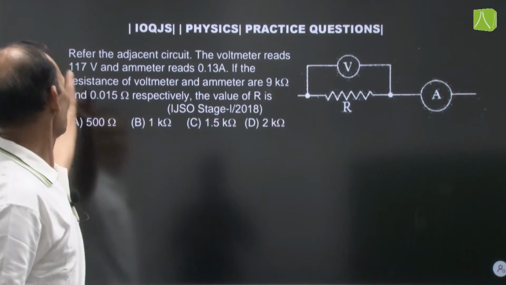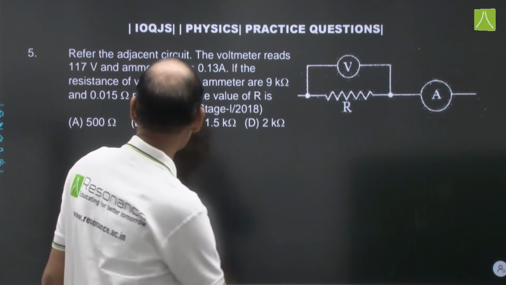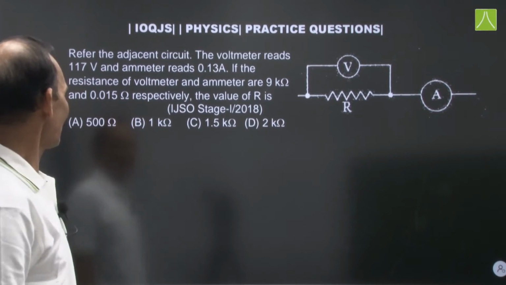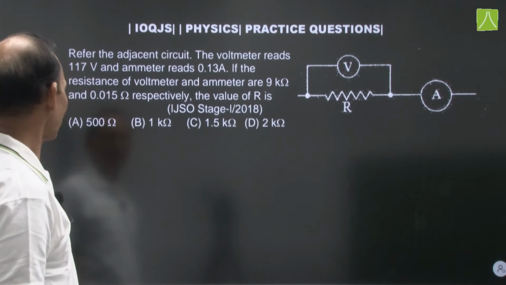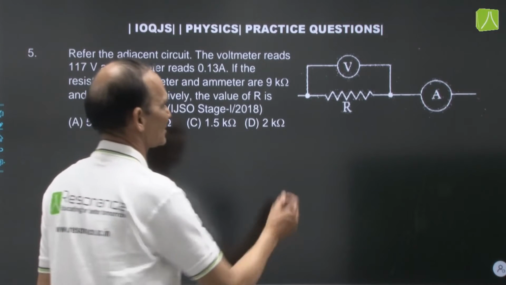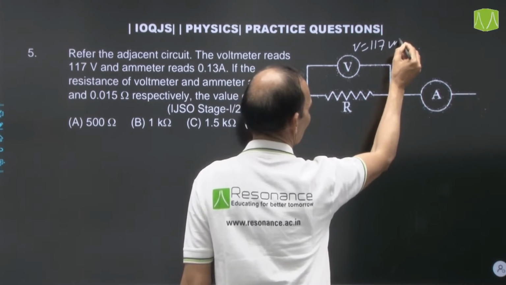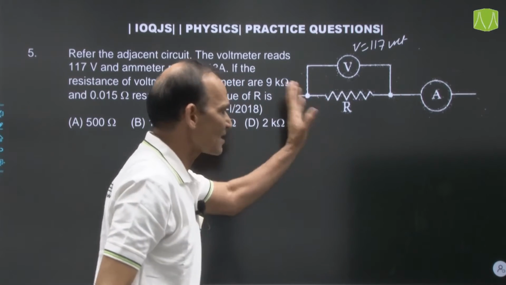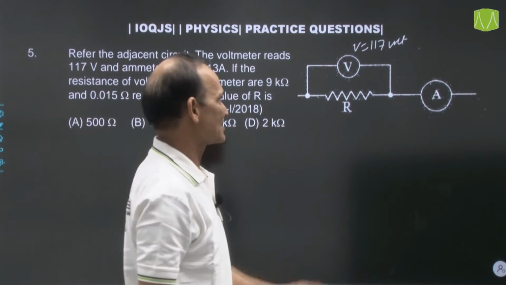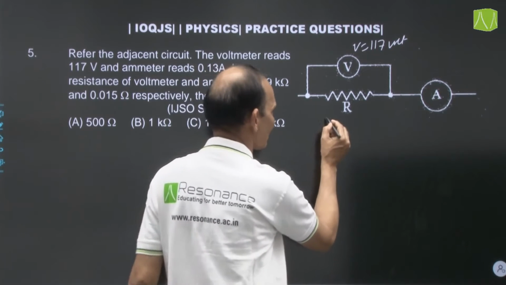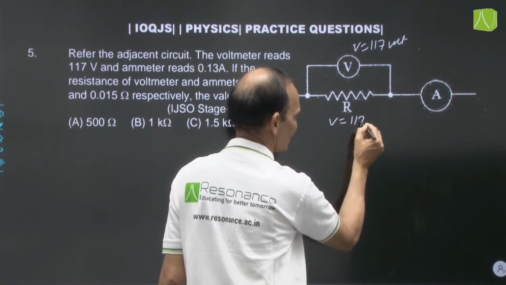Now question number 5. Refer to the adjacent figure: the voltmeter reads 117 volt, so V is equal to 117. Remember, V and R are connected in parallel, so the potential difference across R will also be V, equal to 117 volt.